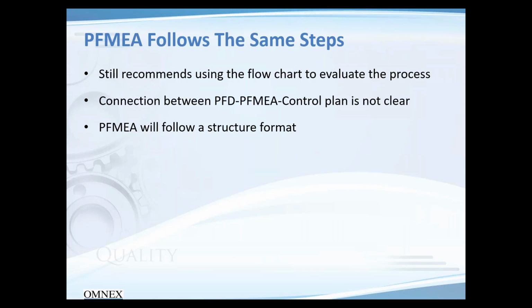It'll also be harder to show that relationship that we currently use for doing audits and evaluations of PFMEAs, of the flow chart connected to the PFMEA connected to the control plan. So that's not really clear how that's going to be handled. And so you get into this structured format.